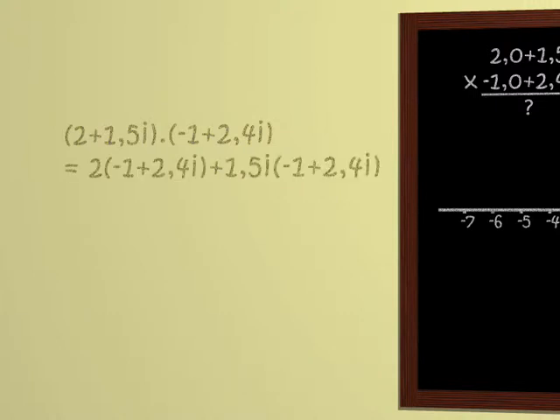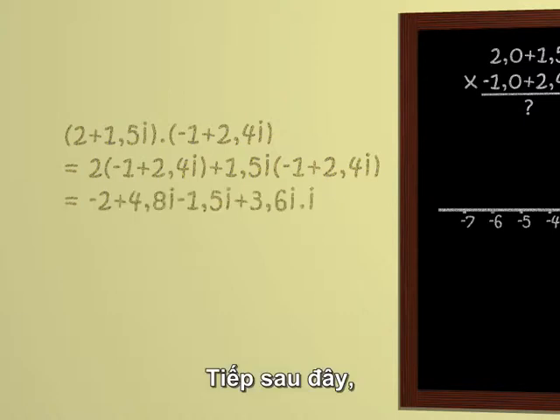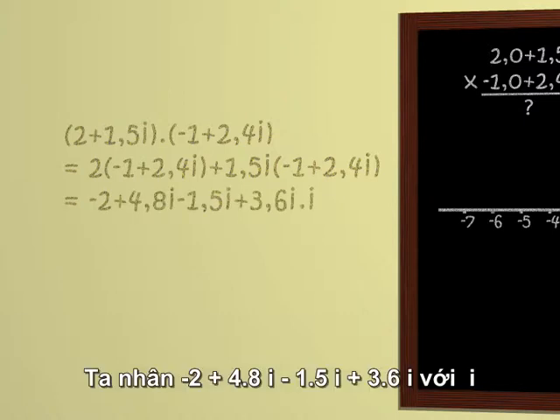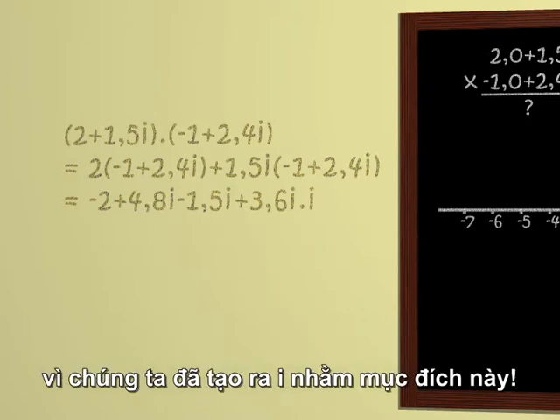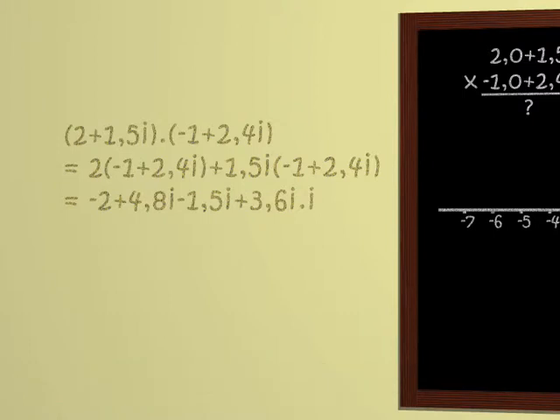Therefore, we get -2 plus 4.8i minus 1.5i plus 3.6i times i. But i squared is -1, since we invented i for this purpose.